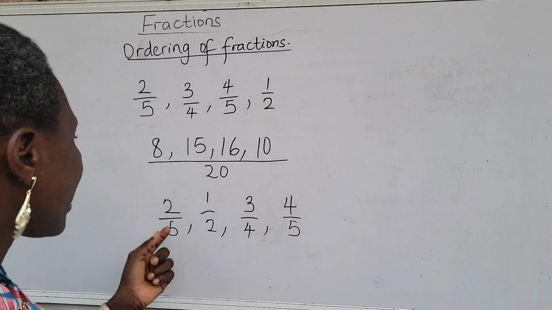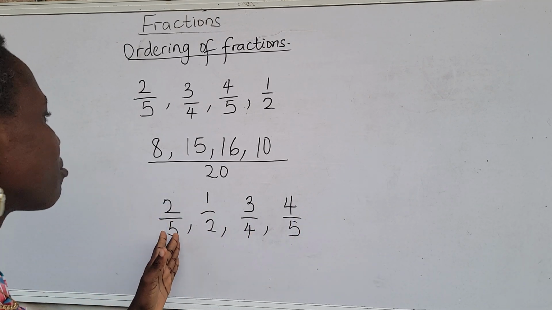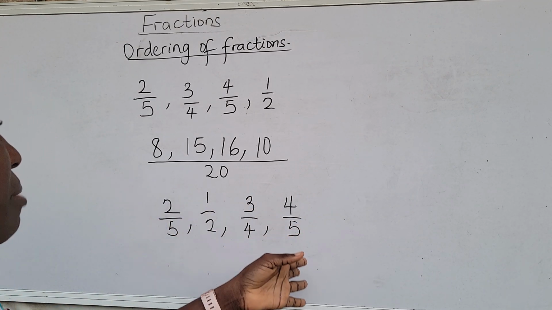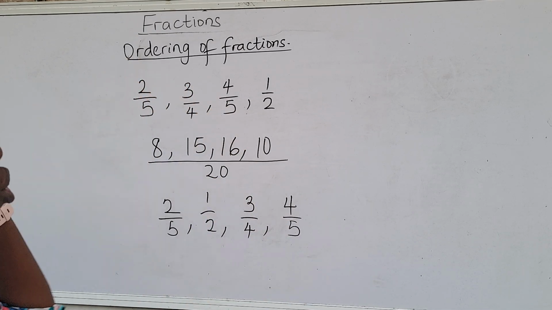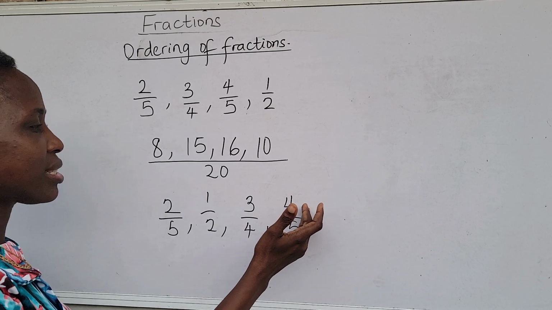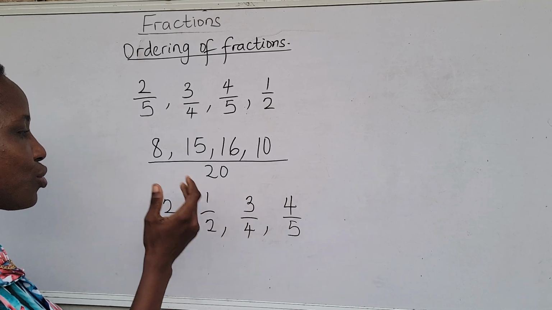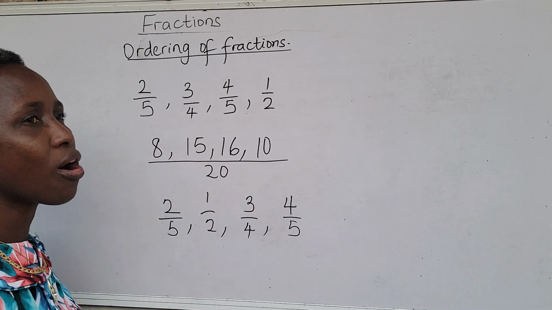So you can see we've been able to arrange them in order from the smallest. And if you are told to use this same question to arrange from the biggest to the smallest, that is in descending order, it's going to go from this to this to this and to this. That is ordering of fractions.